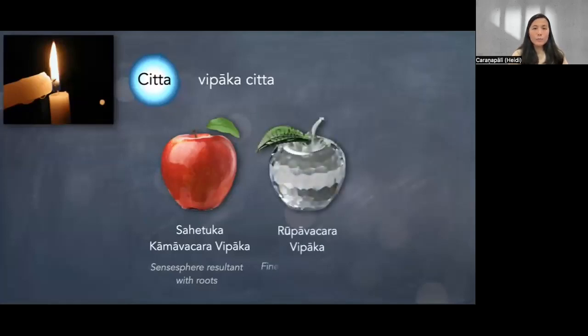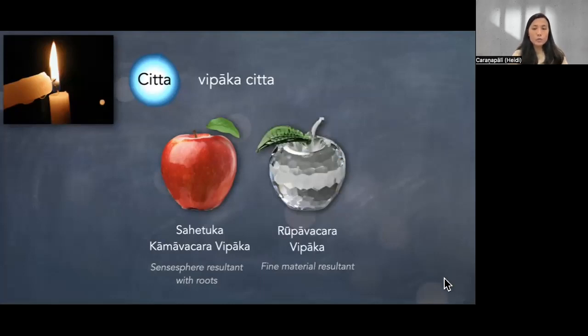We also have the Rupavachara Vipaka cittas, the fine material resultant consciousness. For example, a human being practiced jhana during his lifetime. When he passed away, that Rupavachara jhana citta will give result, and the vipaka citta of that jhana will give rebirth for his immediate next life.